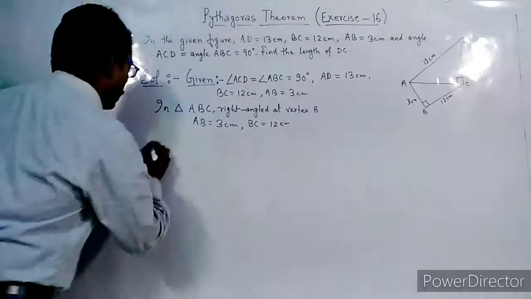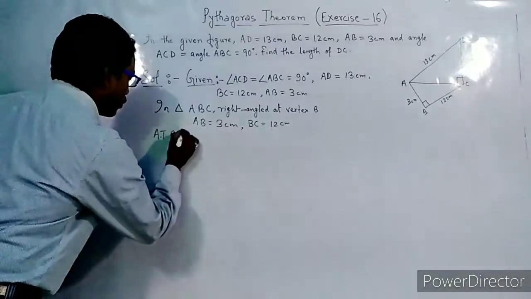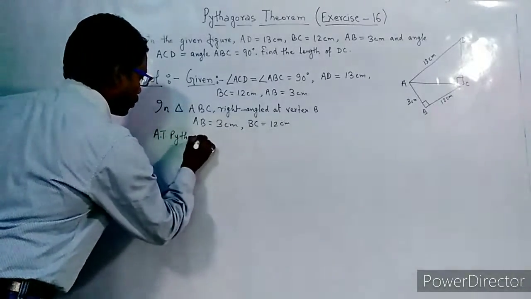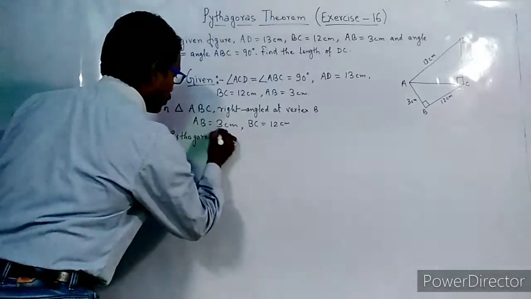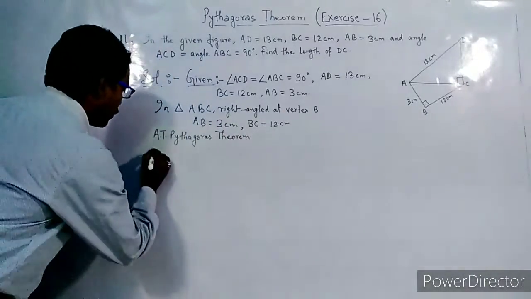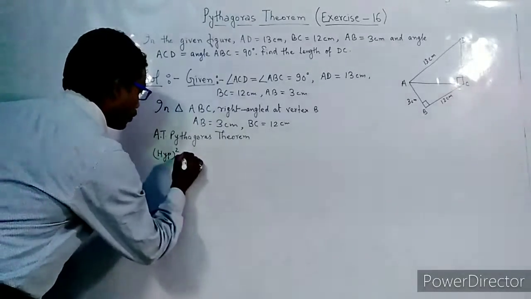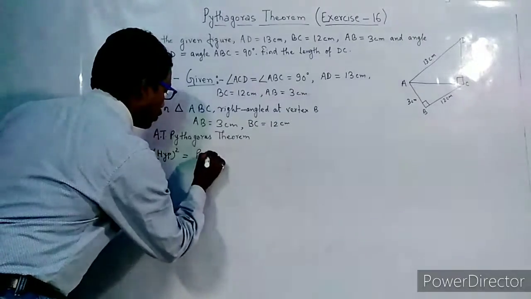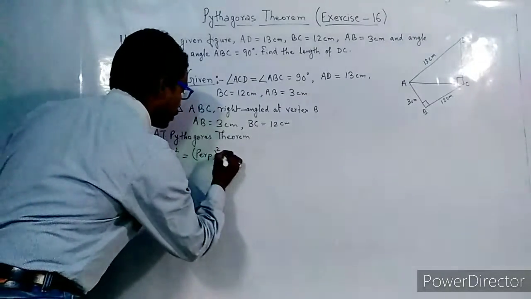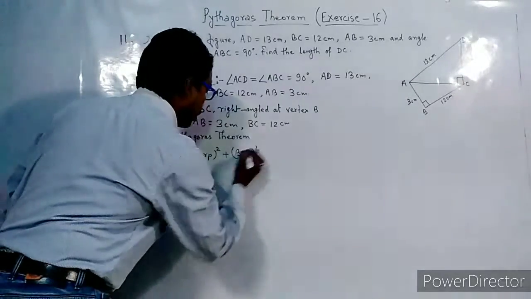Now according to Pythagoras theorem, hypotenuse square equal to perpendicular square plus base square.